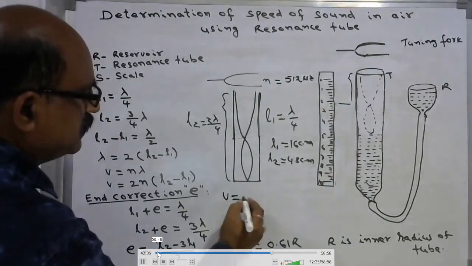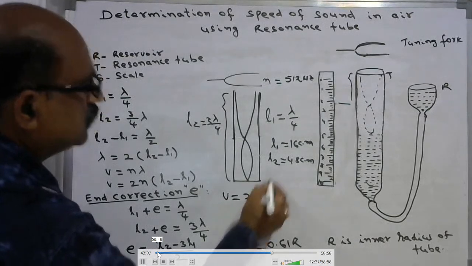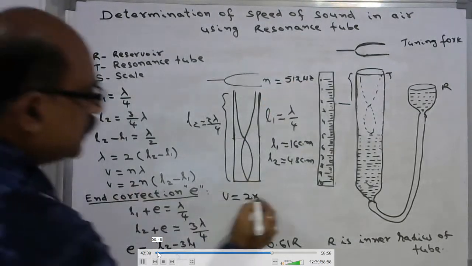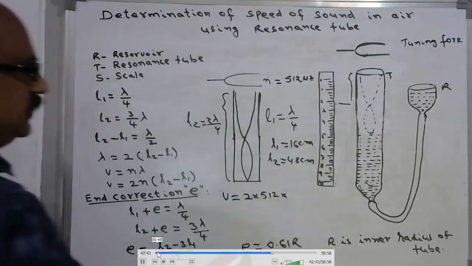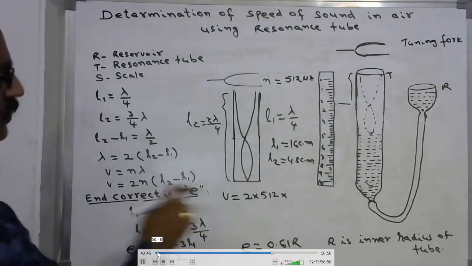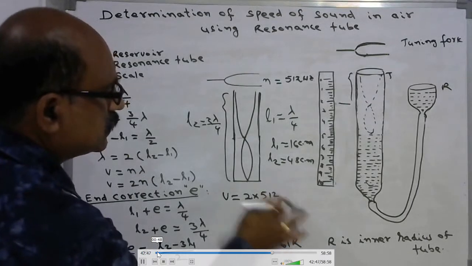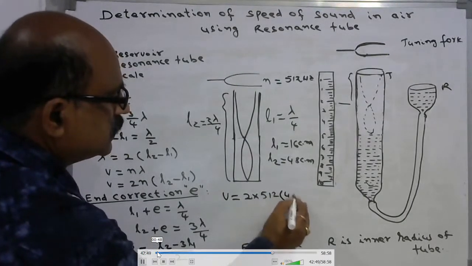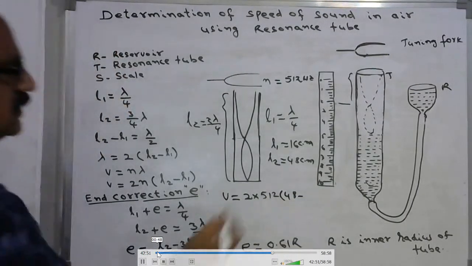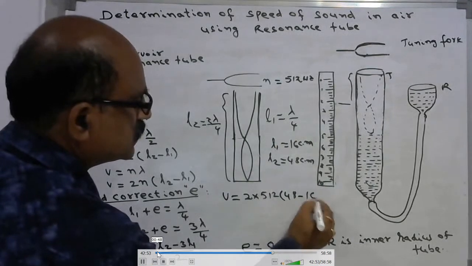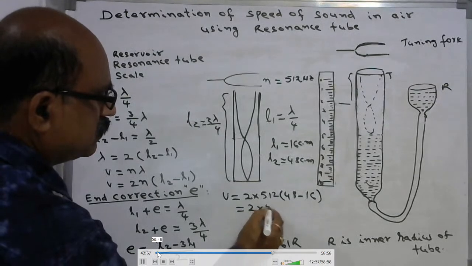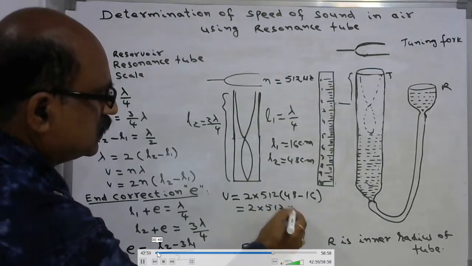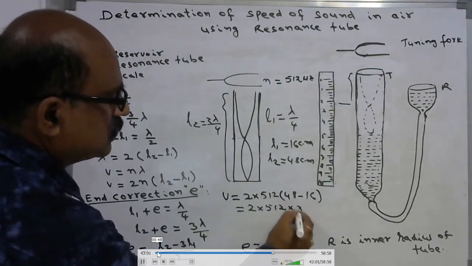V is equal to 2 into 512 into (48 minus 16) centimeters, which is 32.